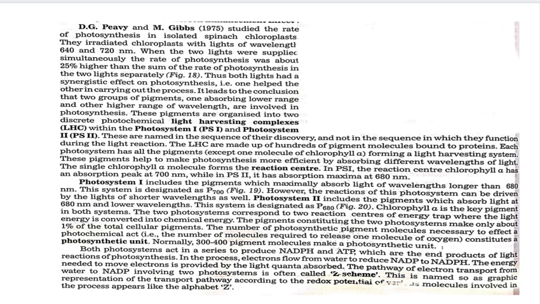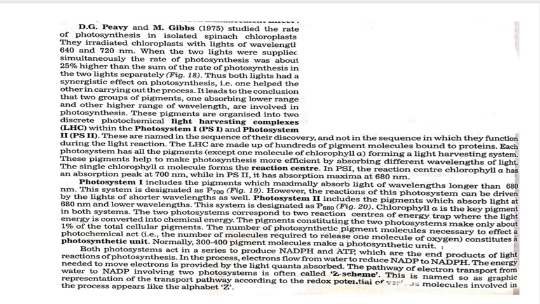When the two lights were supplied simultaneously, rather than one after the other, the rate of photosynthesis was about 25% higher than the sum of the rates of photosynthesis in the two lights separately.